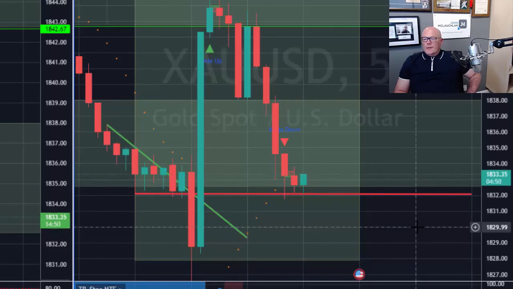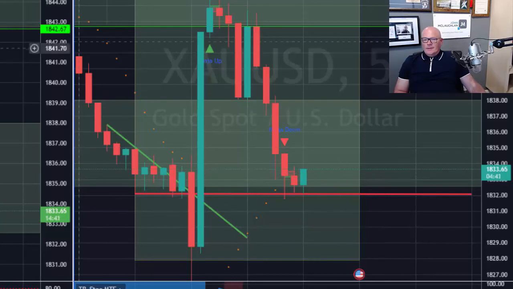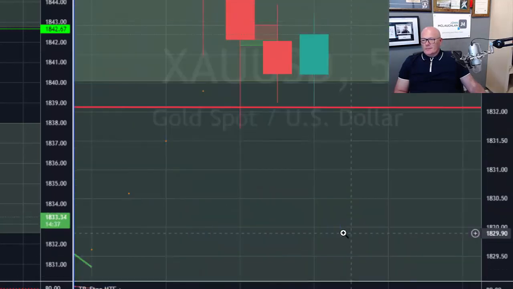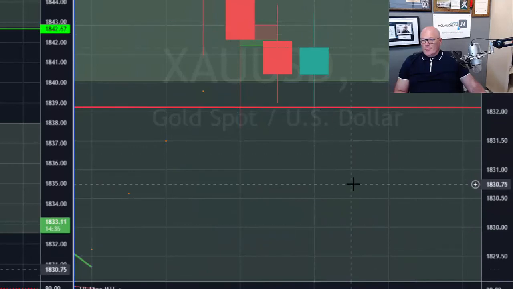So again, still respecting that line. And yeah, you could say to the pip on that trend line. Let me just zoom in and see how accurate it actually was. I don't think you can get much more accurate than that.